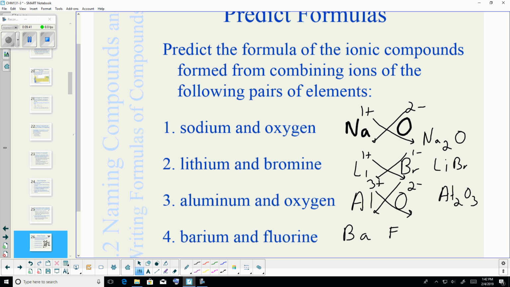What's the charge on barium? 2 plus. Fluorine? 1 minus. So what would the formula be? BaF2. You don't write the ones. So that was pretty simple.